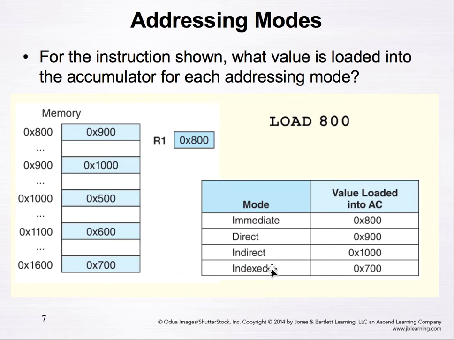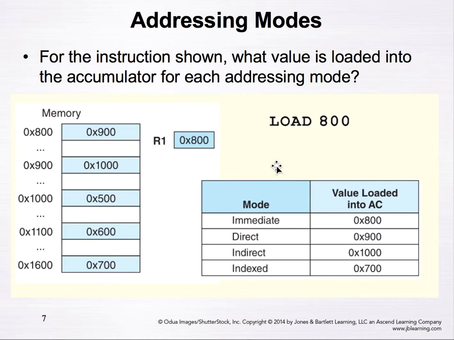Okay. The last one is the index. In the index mode, the effective address of the operand is generated by adding the value in the address field to the content of a register. In this addressing mode, we assume the register we use is the register R1 right here.